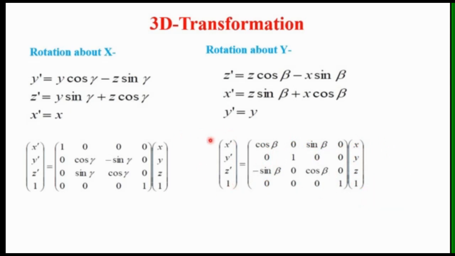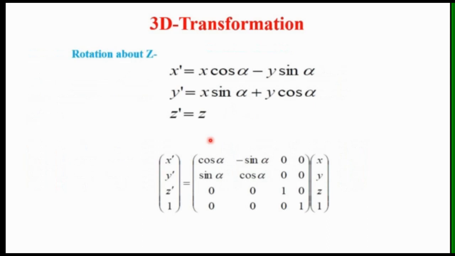Similarly, when we rotate the object about the z-axis, z will remain the same and the x and y coordinates will change, according to these equations: x into cos of alpha minus y into sin alpha, and x into sin of alpha plus y into cos of alpha.